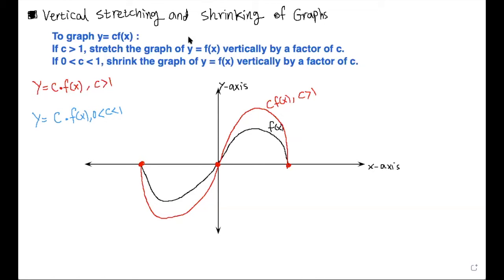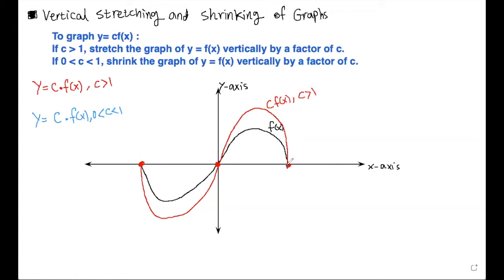Shrinking means we shrink this curve, the black one, close to the x-axis.